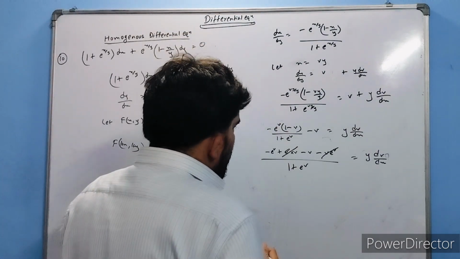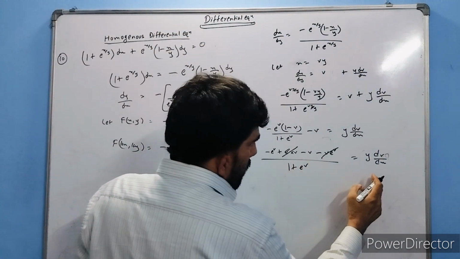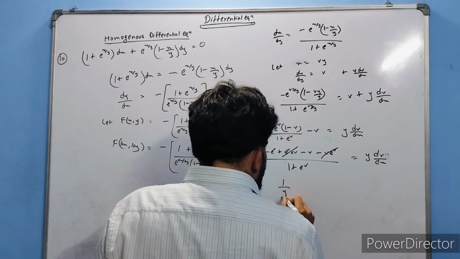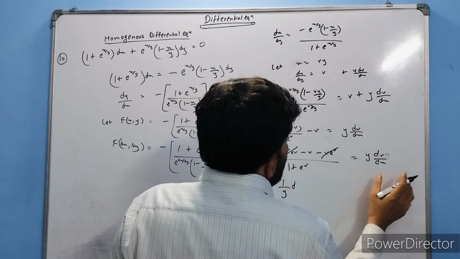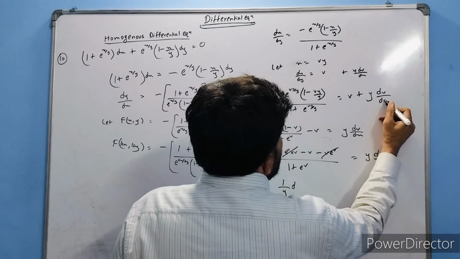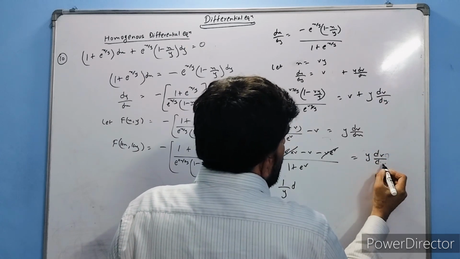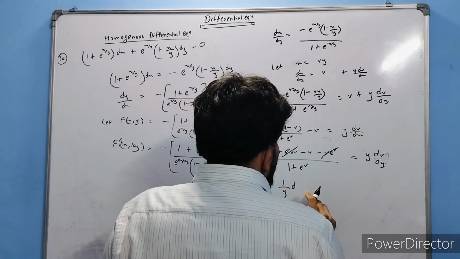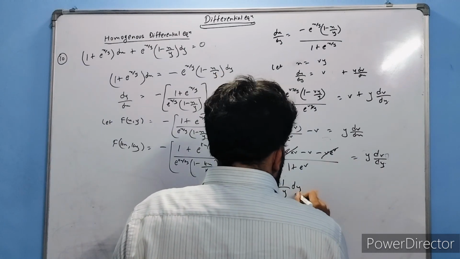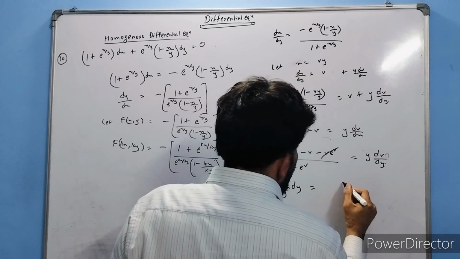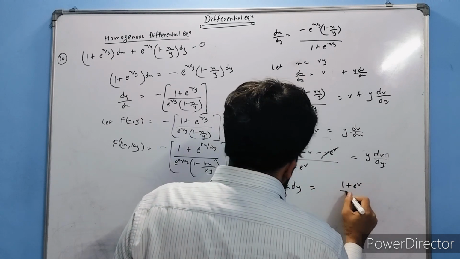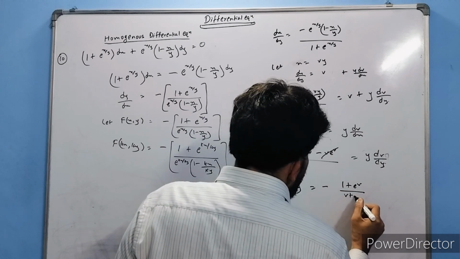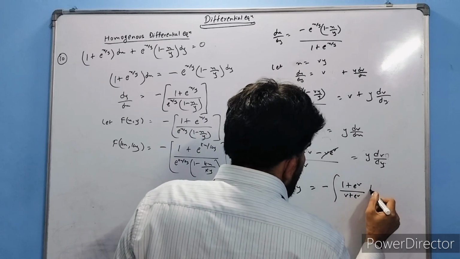So now if I take this y dx, 1 upon y, we will have dv upon dy here. So we have 1 upon y dy here, and here we'll have 1 plus e^v upon, if I take minus sign common, v plus e^v here. So it's very simple.